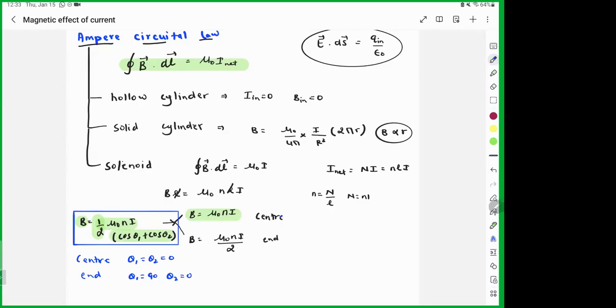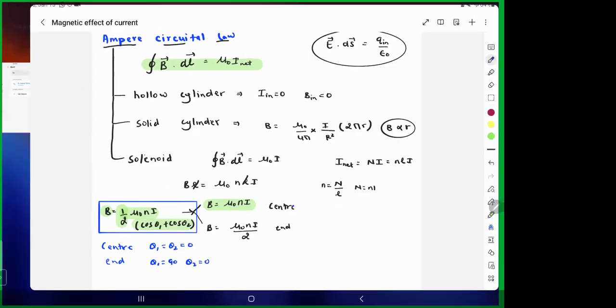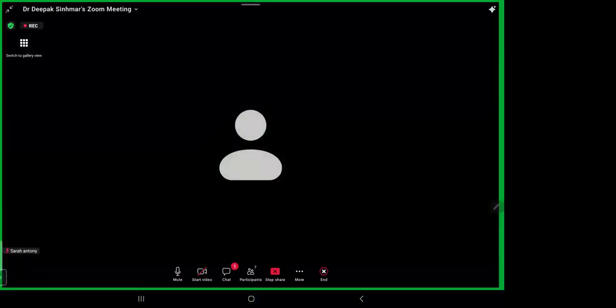So we have already covered a lot of questions. Let me go through the questions and show you. Magnetic field.